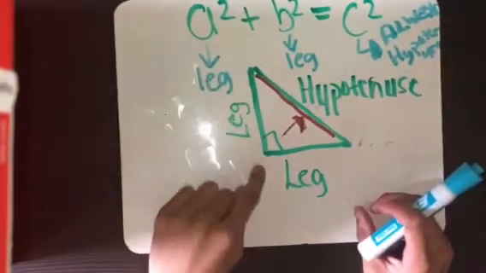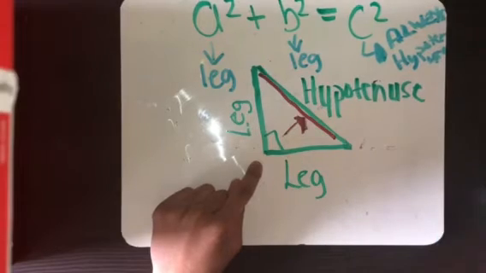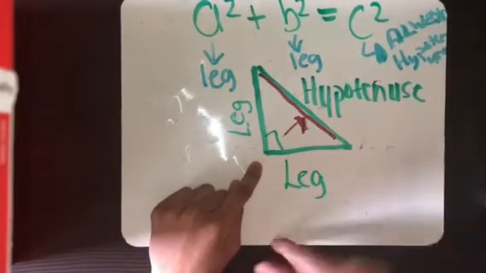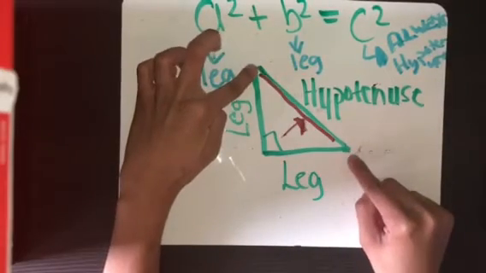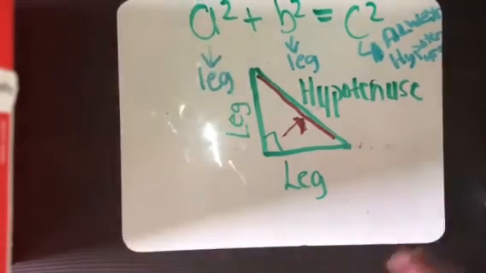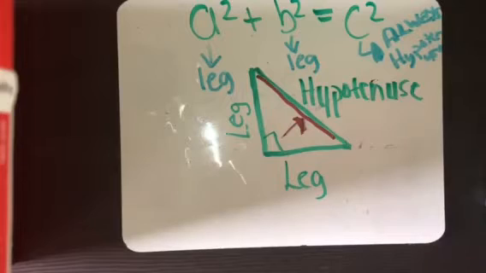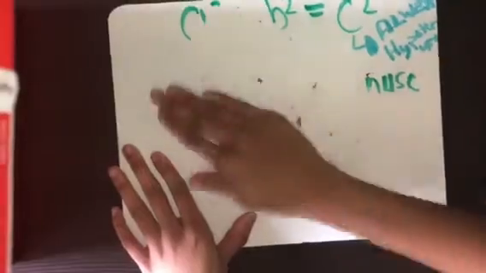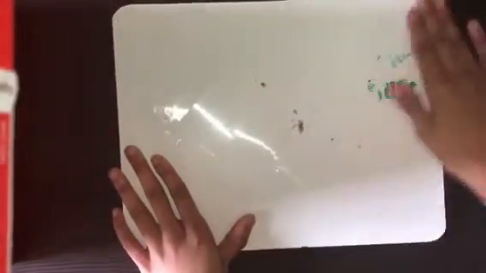So if I take this side length and I square it, and I add it to this leg squared, it should give me this side length squared, all right? I know right now it may seem a bit tricky, but I promise you this is probably the easiest thing that you will learn this year. As long as you're able to do squaring and square roots, you'll be perfectly fine, all right? So let's get some examples.